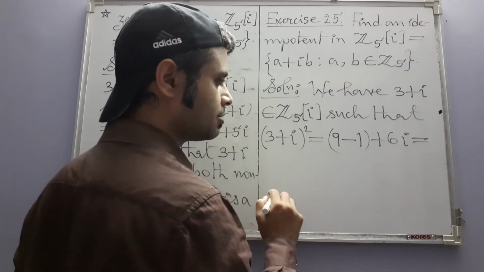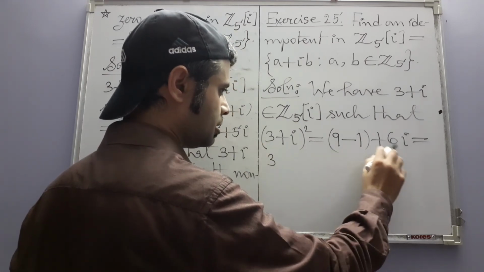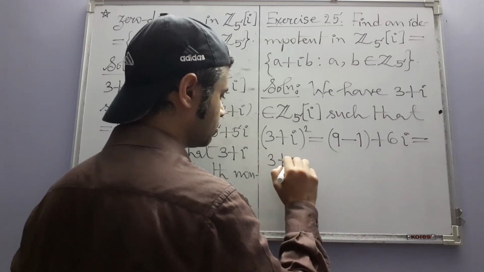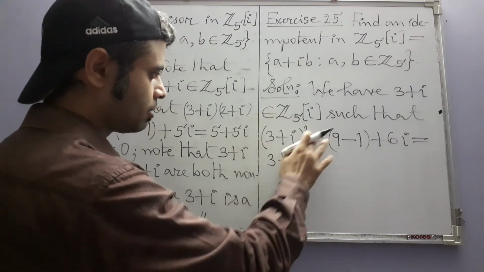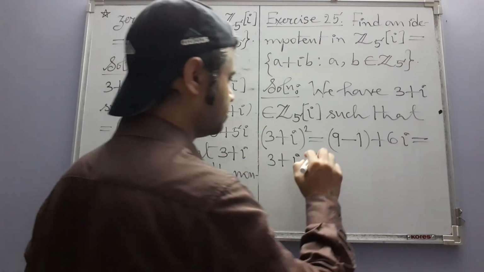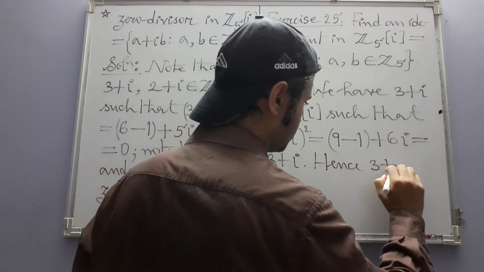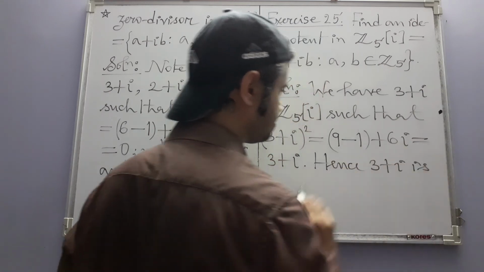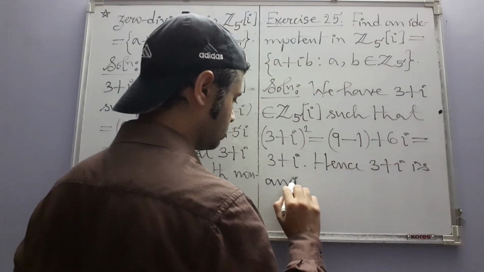So 8 is equal to 3 and 6 is equal to 1. So that's how you are getting the fact that the square of the element is equal to the element itself. So that's why it's idempotent. Hence 3 plus i is an idempotent.